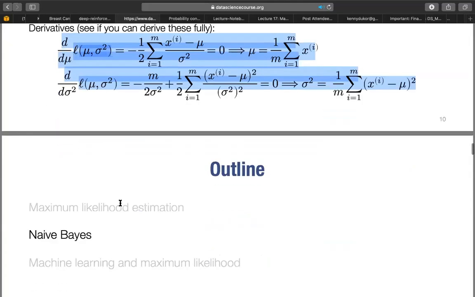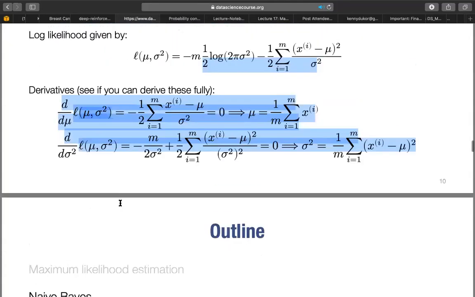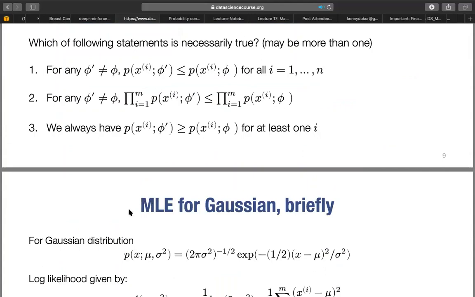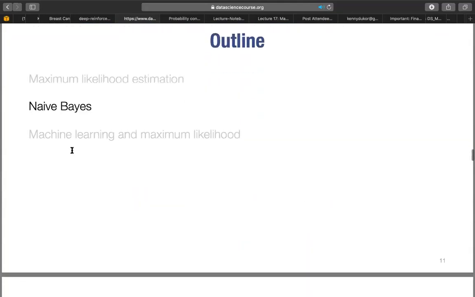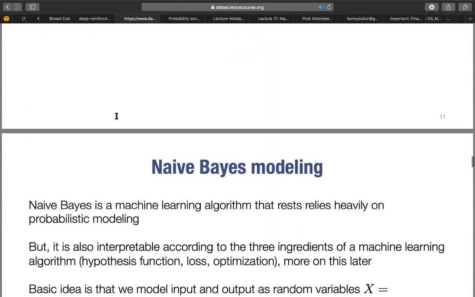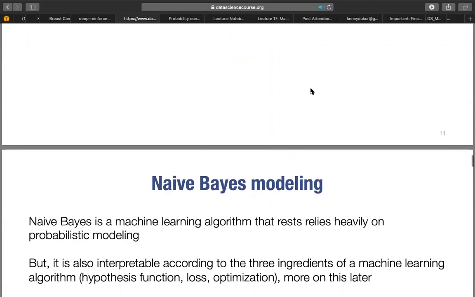Okay, so to explain this maximum likelihood estimation, he decided to use the naive Bayes algorithm. So naive Bayes is just another machine learning algorithm that can be used to make predictions on a data set. Yeah, and the naive Bayes algorithm depends heavily on probabilistic modeling, right?